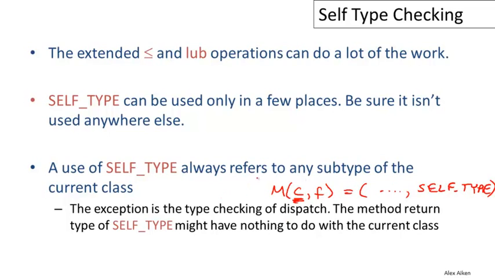We're dispatching here to a different class, and whatever our current class is, this particular self-type refers to self-type in that class, the class in which we're doing the lookup, not whatever class in which we're doing type checking. And fortunately, we never need to compare that self-type to any self-type in the current class, so there's no crosstalk between different kinds of self-type. And again, this is the only place in the type checking rules where you look at a self-type that is not one in the current class.